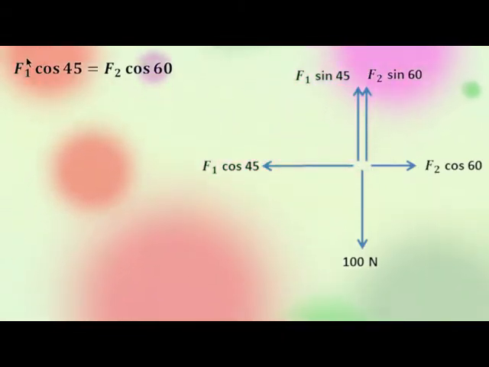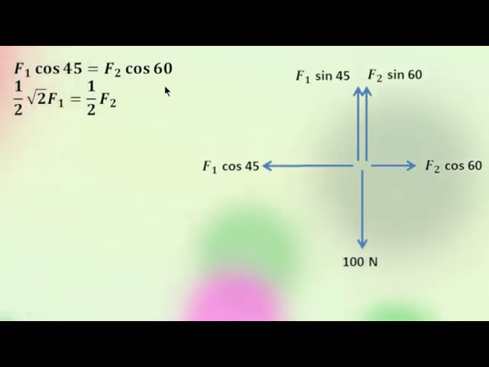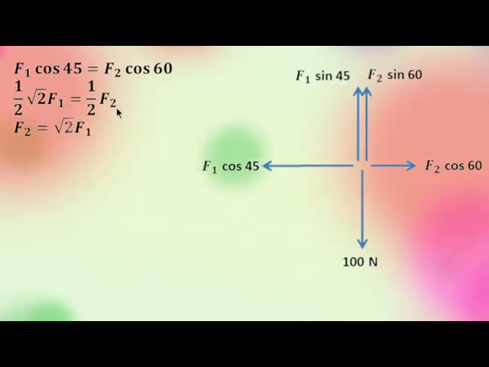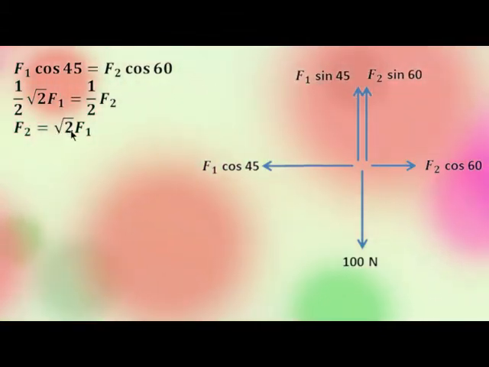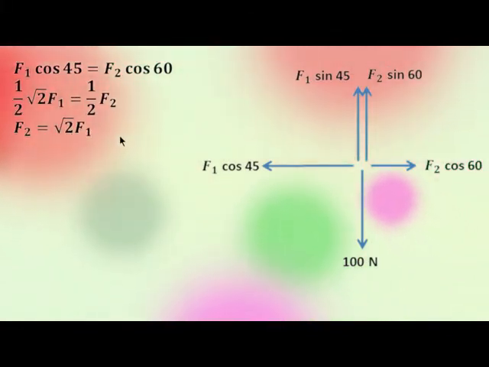So F1 cosine 45 equals F2 cosine 60. We find the values of cosine 45 and cosine 60: a half of square root of 2 F1 equals a half of F2. So F2 equals square root of 2 F1. This is the first equation on the x-axis.